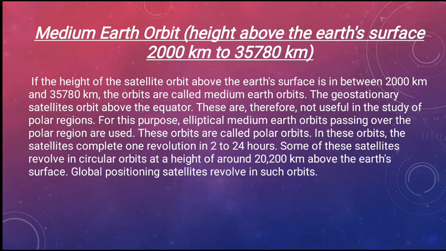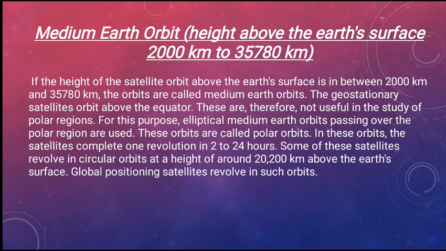The geostationary satellites orbit above the equator. These are therefore not useful in the study of polar regions. For this purpose, elliptical medium Earth orbits passing over the polar region are used.